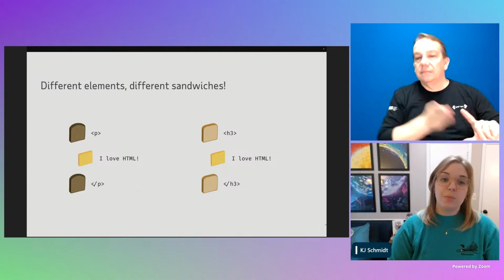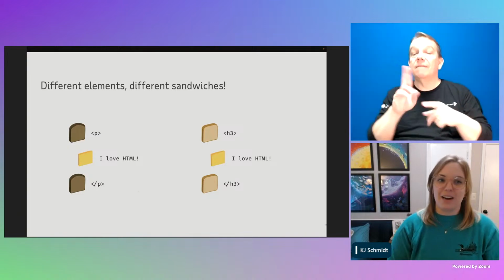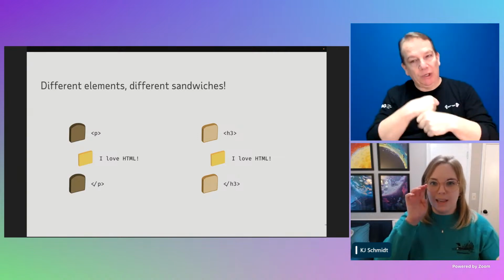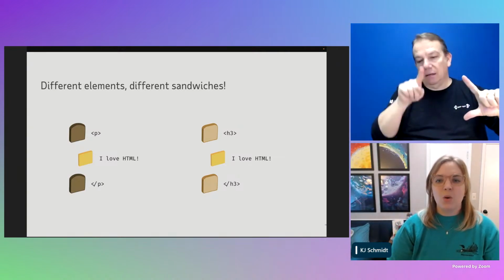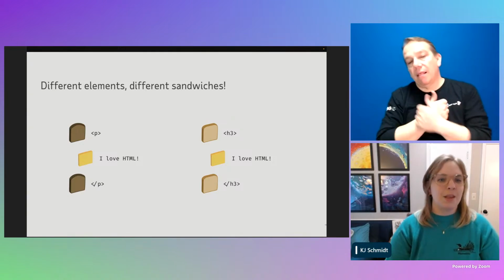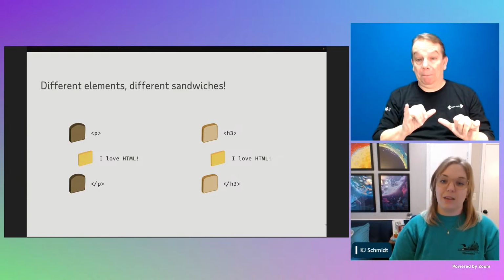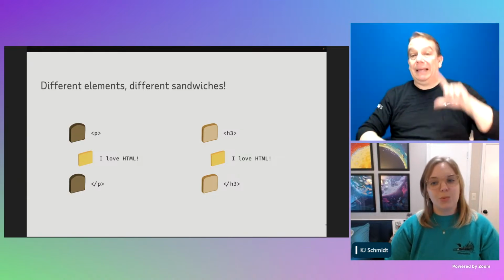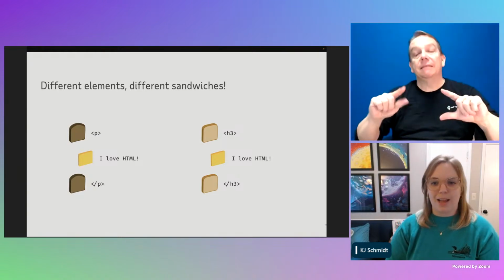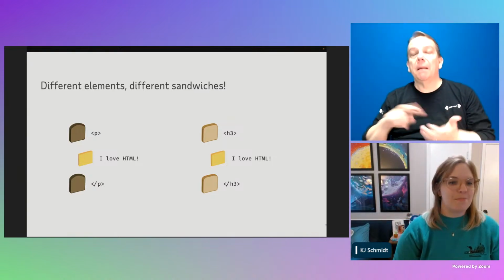For instance, if we place the text, "I love HTML," between a set of paragraph start and end tags, which we can create by putting the letter P inside of the angular brackets, we can create some paragraph text that says, "I love HTML." Or if we place that same text between a set of heading level 3 tags instead, which we can create by putting the letter H and the number 3 inside of the angular brackets, we can make a level 3 heading that says, "I love HTML."